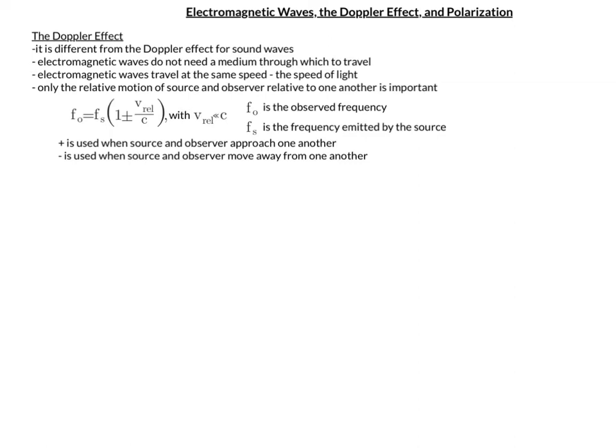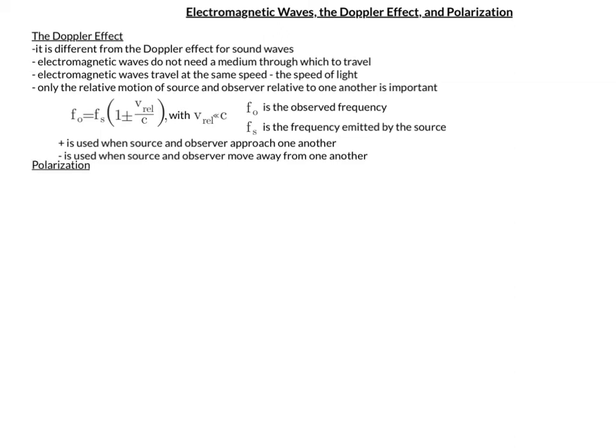Here, that doesn't matter. If the source is stationary and the observer is moving towards it, or if the observer is stationary and the source is moving towards it, the equation is the same. We take into account just whether they're coming closer together or moving farther apart.